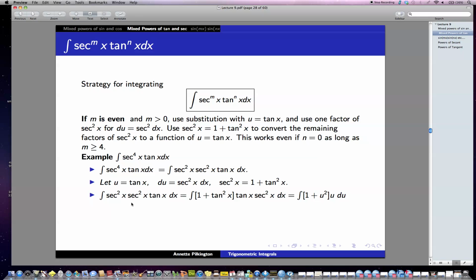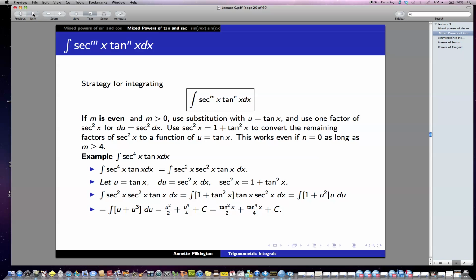So, at the end of the day, I have the integral of secant to the 4 times tangent is the integral of 1 plus tangent squared times tangent of x times secant squared of x dx, which is 1 plus u squared times u times du. And now this is a relatively easy integral using the techniques from Calc 1. And when I've computed that, I can convert back to functions of x.